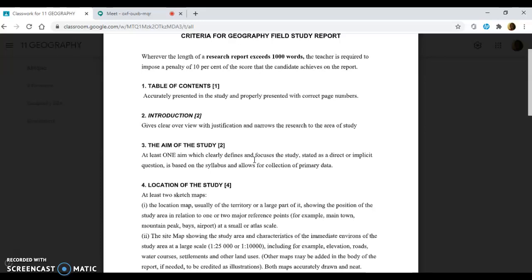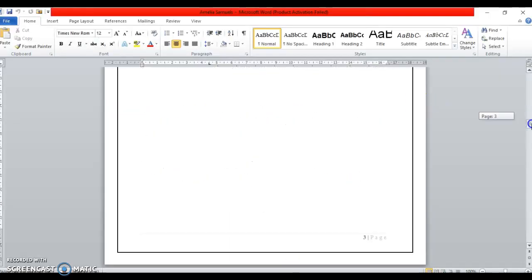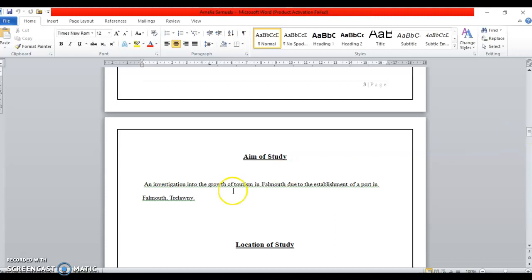So that would be narrowing your topic down to a specific area, and we can put this narrow topic in the form of a question. And that is why this person now has for their aim an investigation into the growth of tourism in Falmouth due to the establishment of a port in Falmouth, Trelawney.